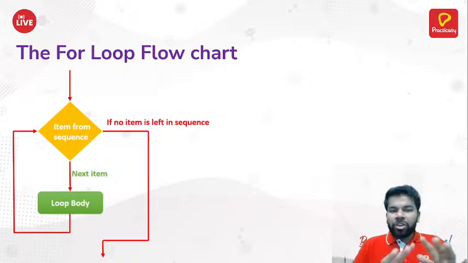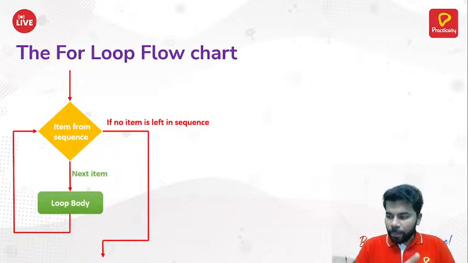So did you understand this flow chart of for loop? Do you have any doubt about how it is going to execute? If we give for I in range 0, 10, what will happen in the turtle?